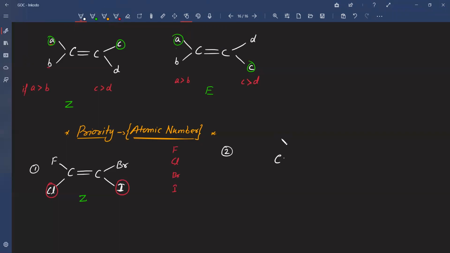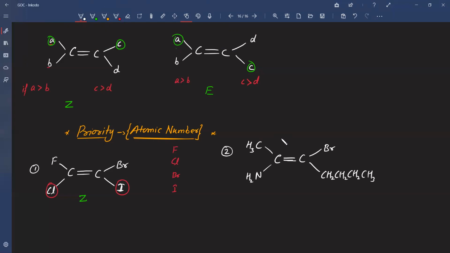What if you have a compound like this? What do you think?